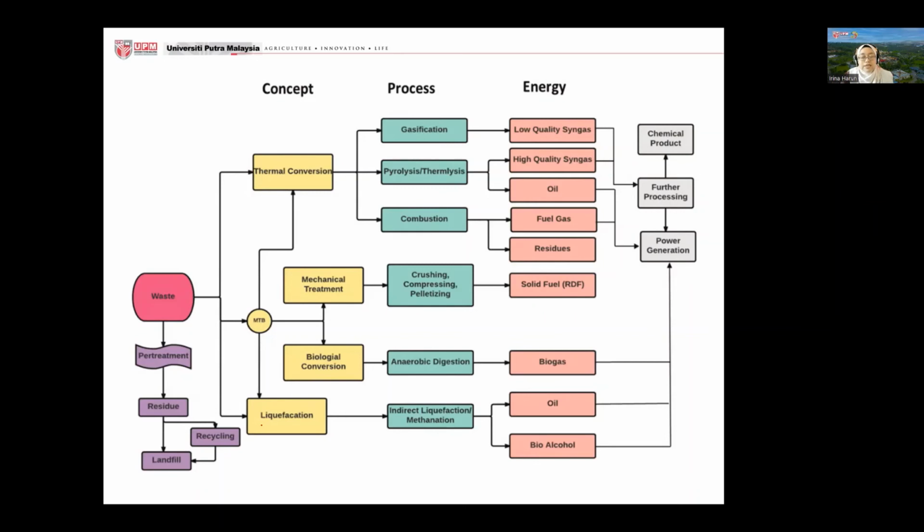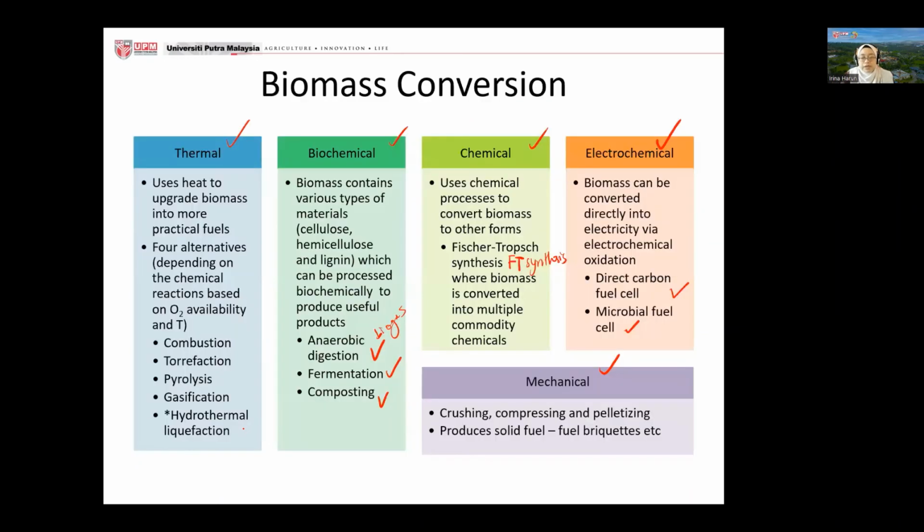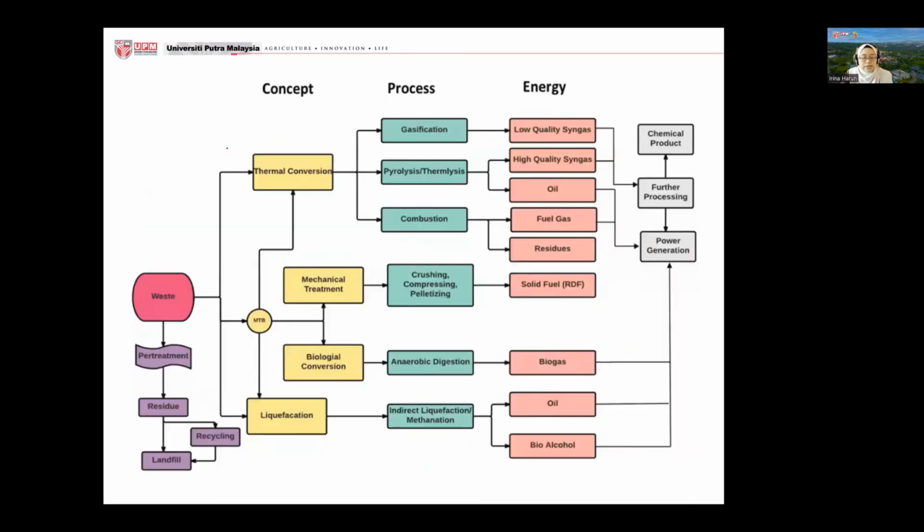It also has liquefaction, but just now I put that under thermal. So there are a number of different ways you can produce energy, and that energy may come in different forms: solid fuel, biogas, oil, bioalcohol, among others.